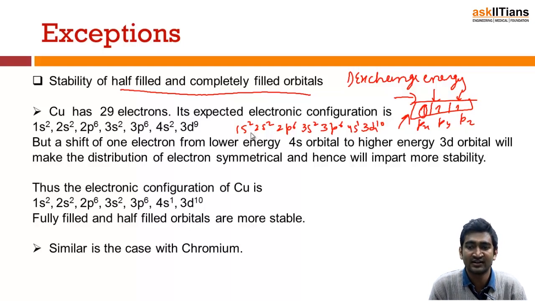So these are the two factors which will decide the stability. And copper and chromium show this exceptional case. In chromium, if you fill the electron, it will go to 3d5 4s1 instead of 4s2 3d6.